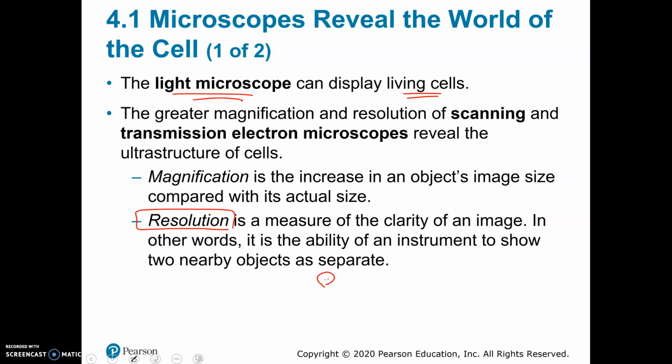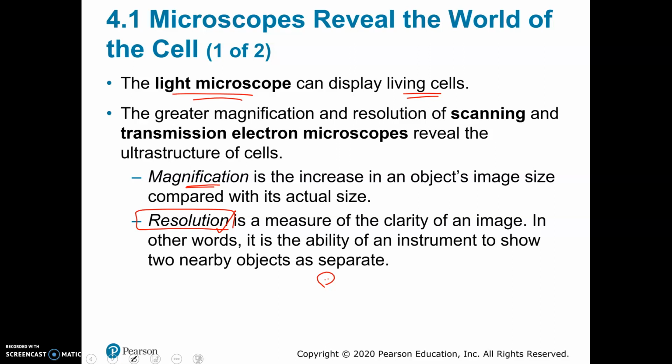Now, electron microscopes don't use light, they use electron beams, and because of the wavelength of how electrons travel, you can actually get much, much more magnification because of the improved resolution. Because we can focus on things that are closer together, we're able to magnify with some of these electron microscopes 100,000 times.